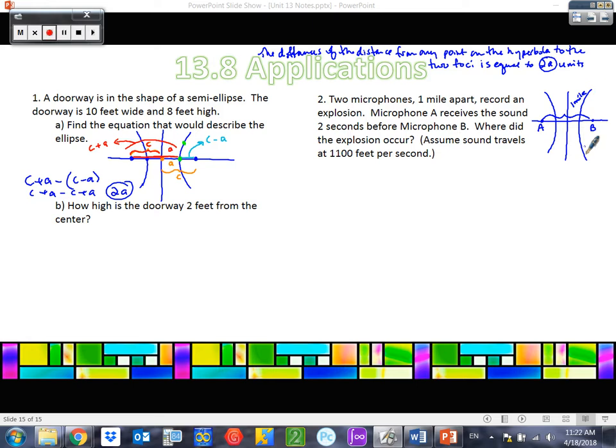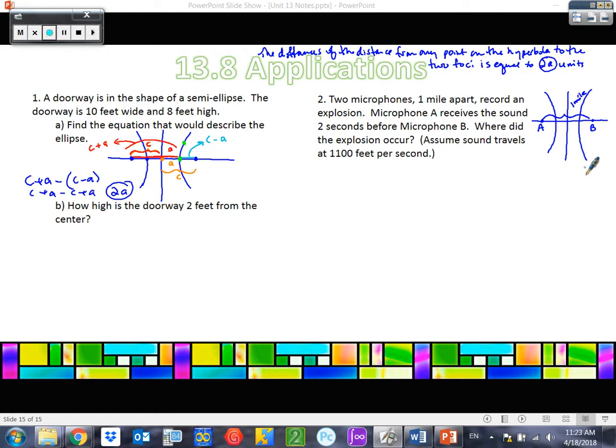We just said that no matter what point we're at, the difference in the distances is 2A. So it could have been anywhere along these hyperbola pieces. It's a weird way to ask for the equation of the hyperbola, but that's what they're asking for, so that we can narrow down exactly where this explosion occurred.